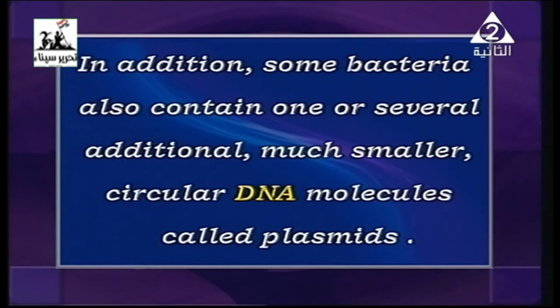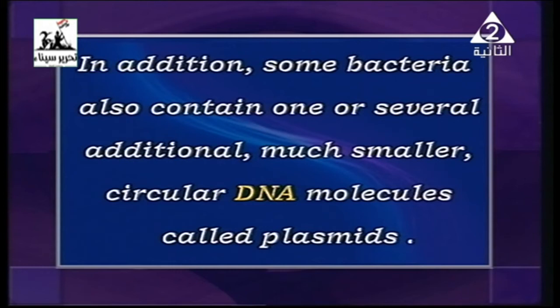Also, in addition to that, some bacteria contain one or several additional, much smaller circular DNA molecules. They are called plasmids. Again, plasmids are several smaller circular DNA molecules.